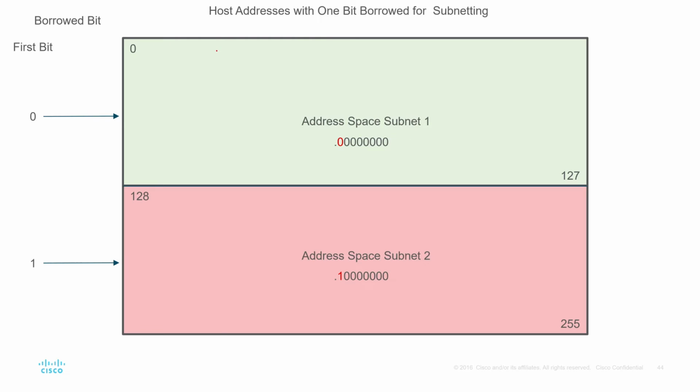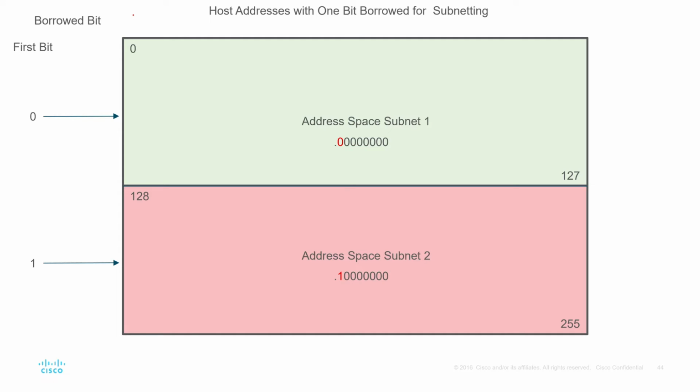If I borrowed the first bit, I could divide that address space up into 2 halves. Again, we must be careful because that second half, the broadcast, would be a broadcast that goes to all devices. So we use the first bit borrowed. It is borrowed from the host portion and is added to the network portion.